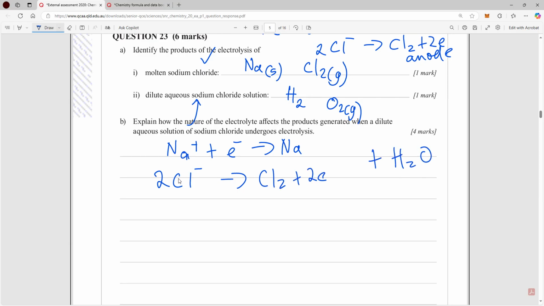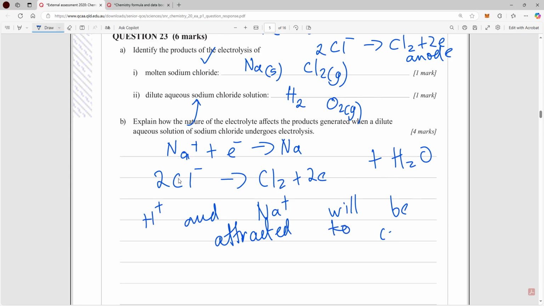Okay, now both the H plus and the Na plus will be attracted to the cathode.